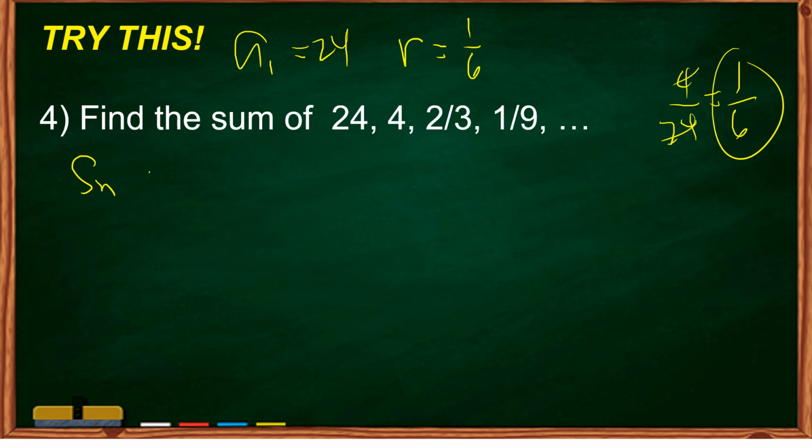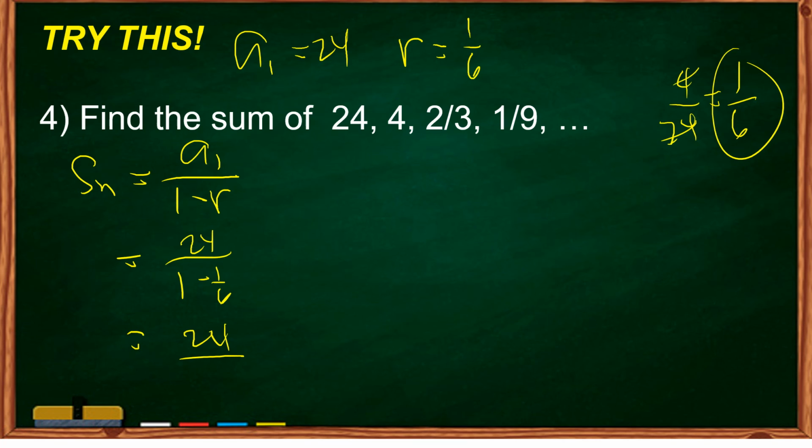So using the formula, S of n equals A sub 1 all over 1 minus R. So A sub 1 is 24. 1 minus 1 over 6 equals 24 over, okay. In this case, 6 is the LCD. 6 divided by 1 is 6 times 1, so 6. 6 divided by 6 is 1 times 1, you are given 1.